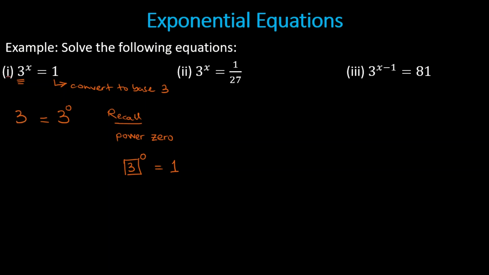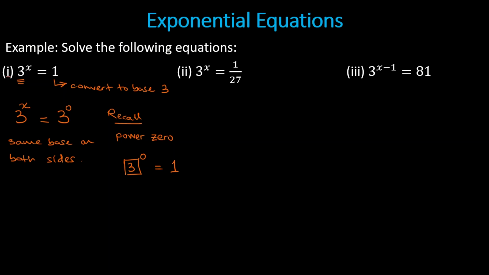On the left hand side we have 3 to the power of x. Again, we have reached a situation in which on both sides we have the same base, right? If we have the same base on both sides, what do we do?